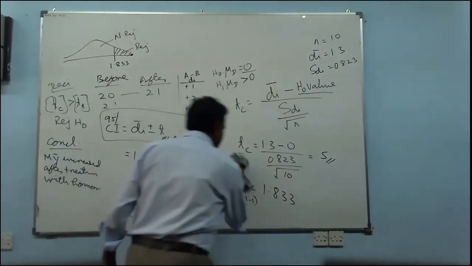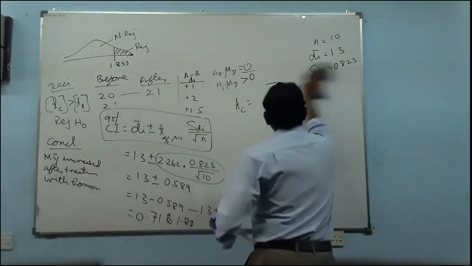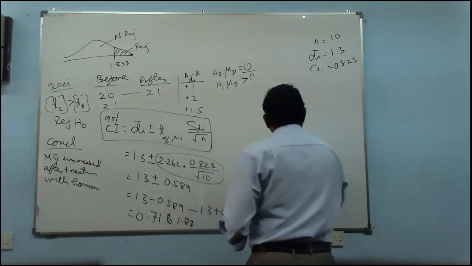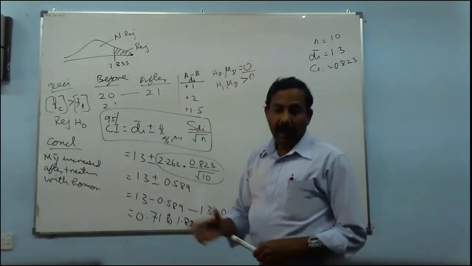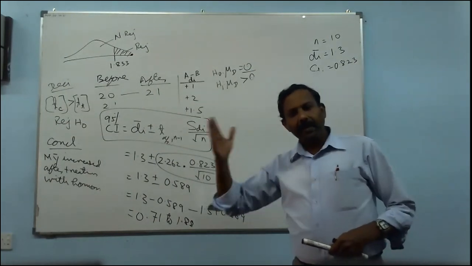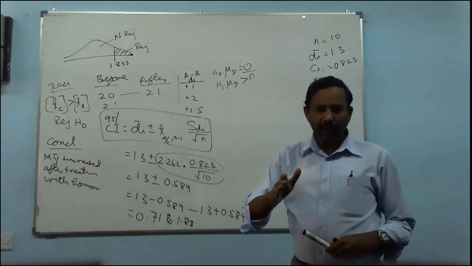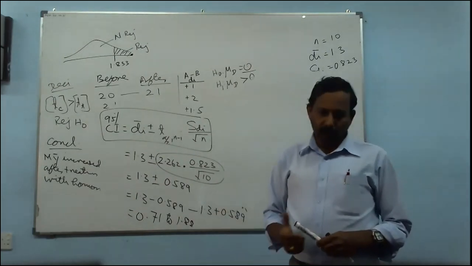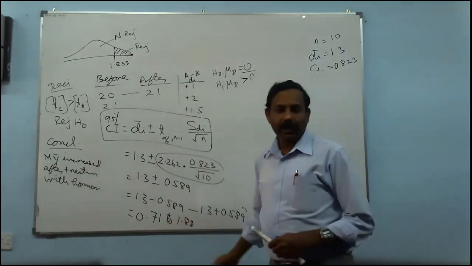How can we interpret this? The true mean difference between the before milk yield and the after milk yield. That means before giving the hormone and after giving the hormone, the milk yield increase is this much.